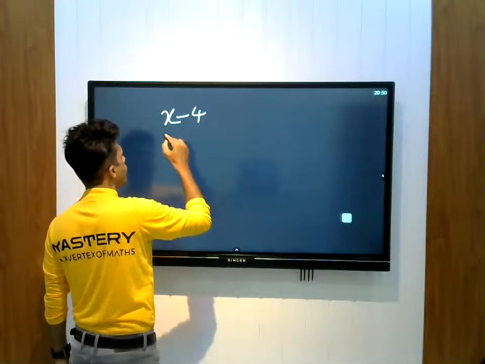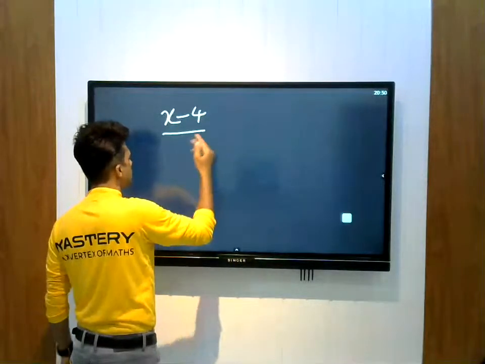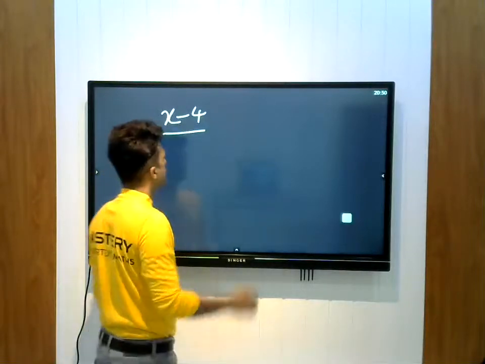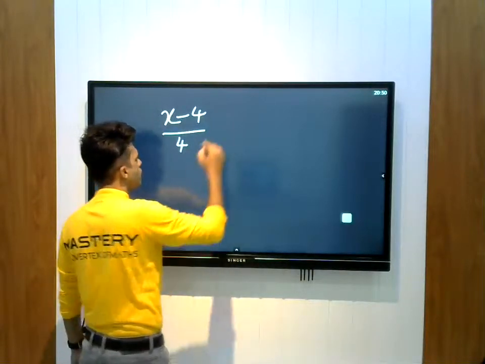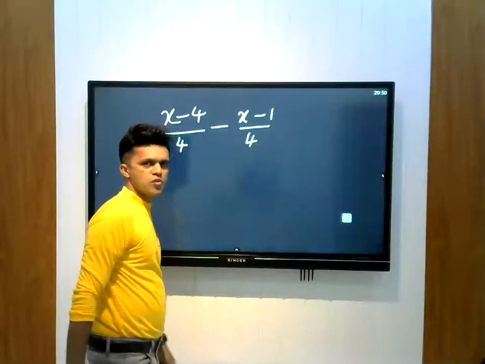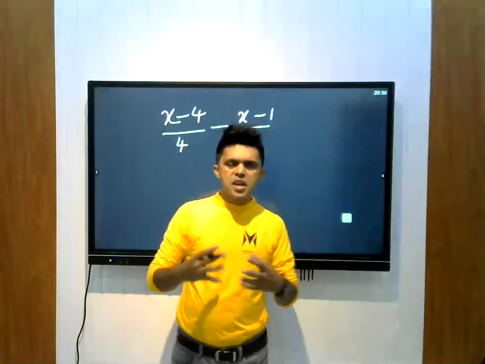Let's do another algebraic fraction. x minus 4 over 4 minus x minus 1 over 4. How can you do this one? How can we do this type of one?